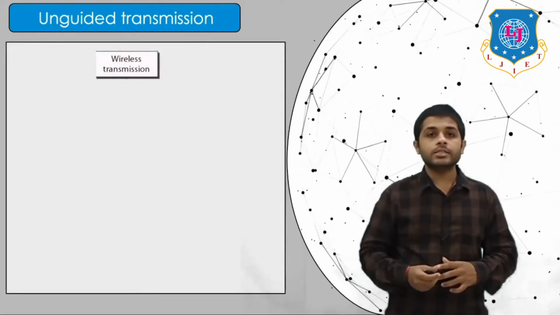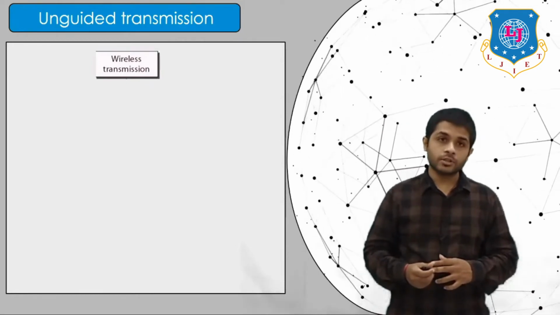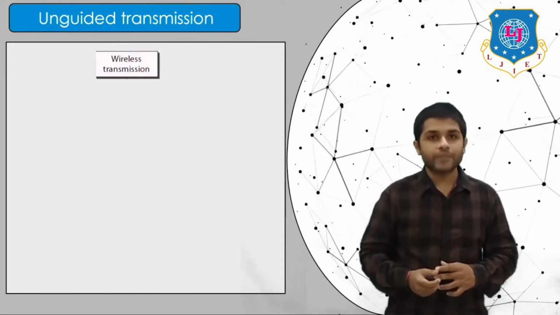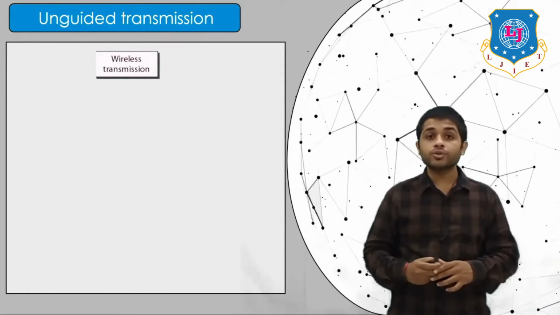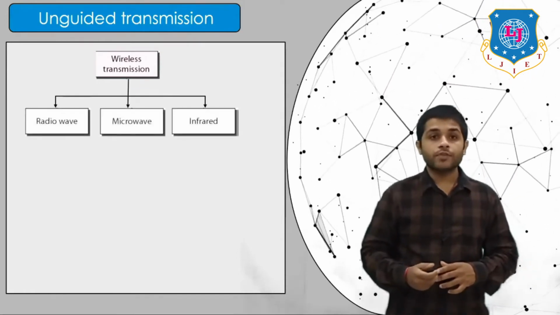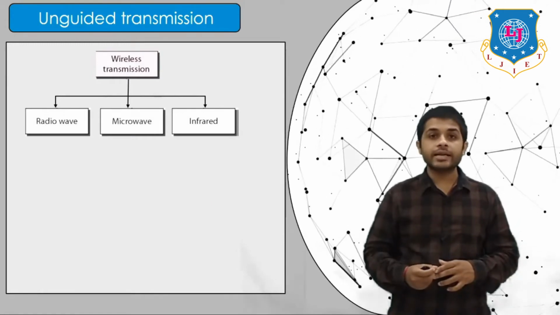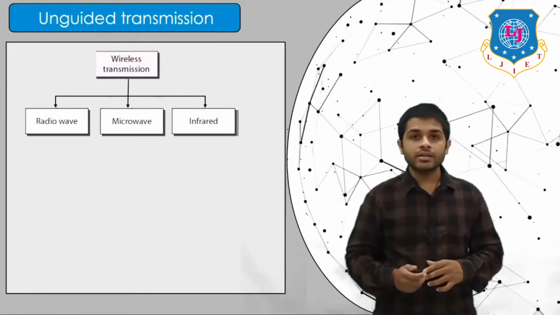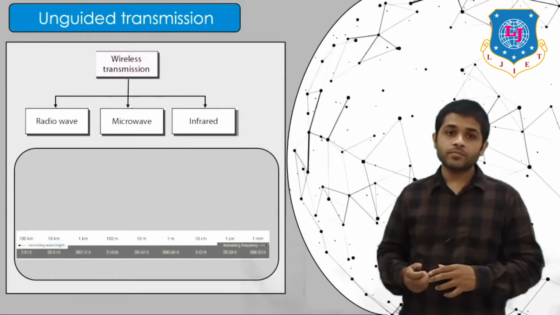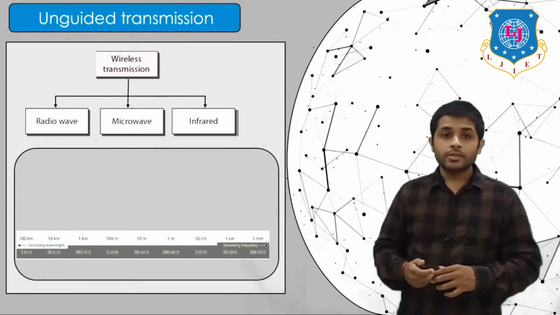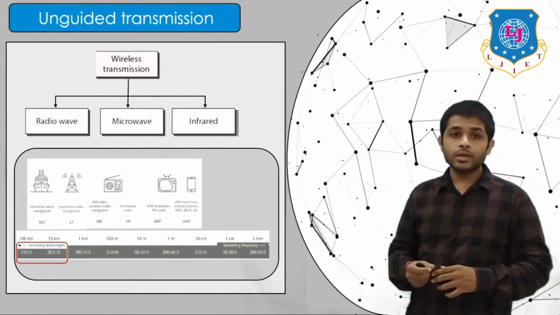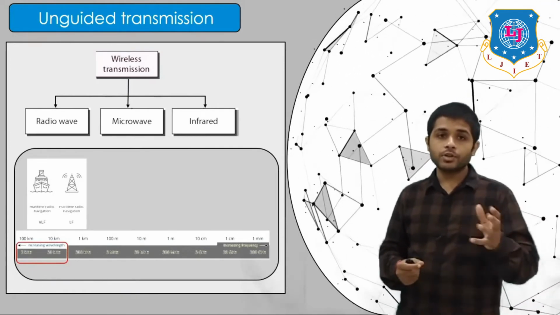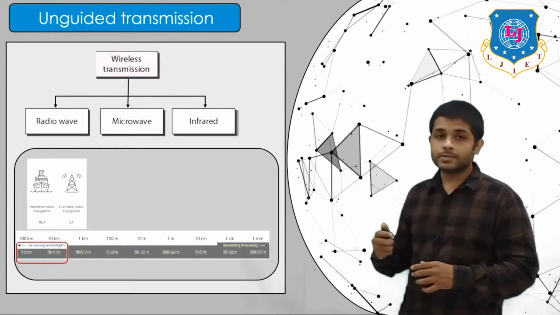After that, let's see what is unguided transmission, which is also called wireless transmission. The wireless transmission is divided into three types. The first is radio wave, the second is microwave, and the third is infrared. You can see the range of 3 kilohertz to 330 kilohertz is for the communication of ships.